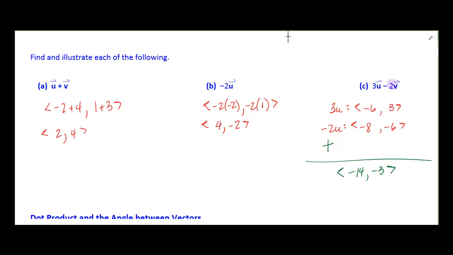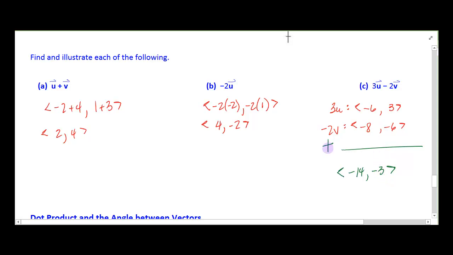But I went ahead and I took -2v, and I multiplied the -2 times its v components, giving me -8 and -6, at which point I then added straight down for the horizontal components, giving me -14, and added straight down to give me the vertical components, giving me -3.